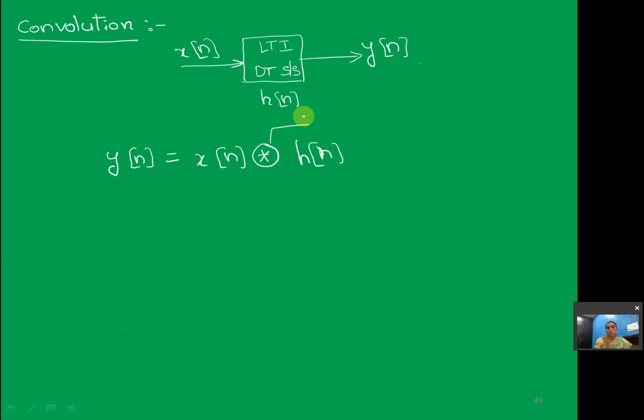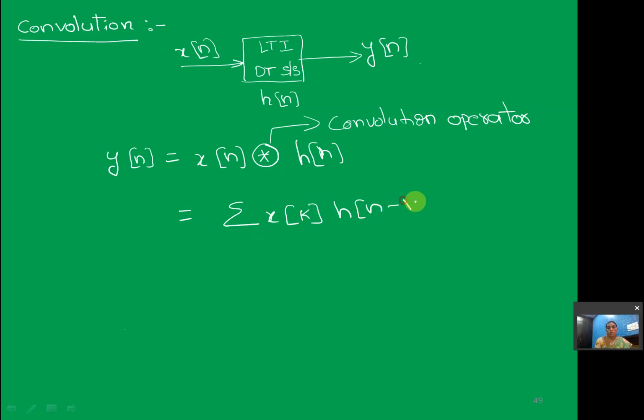This is nothing but the convolution operator, and it is the summation of x of k h of n minus k, where k goes from minus infinity to infinity. In this way we can calculate the output.